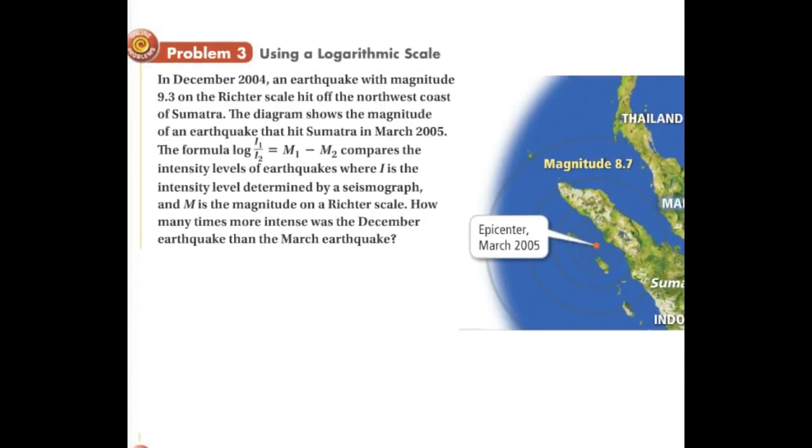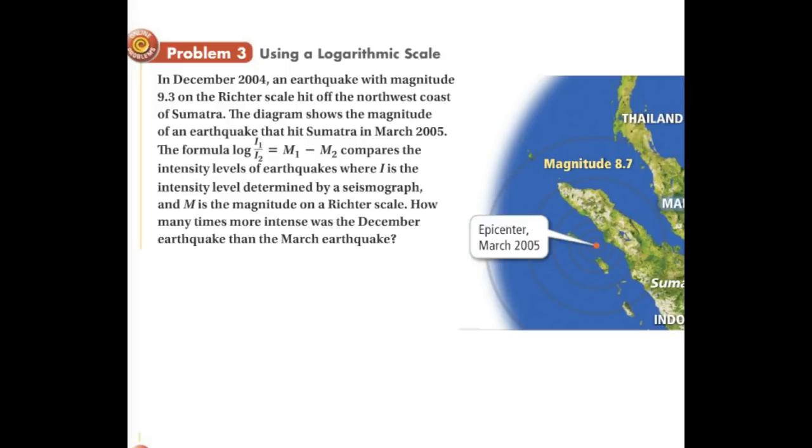All right. Example 3. It says in December of 2004, an earthquake with magnitude 9.3 on the Richter scale hit off the northwest coast of Sumatra. The diagram shows the magnitude of an earthquake that hit Sumatra in March of 2005.